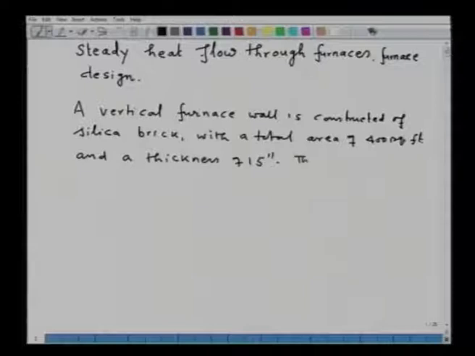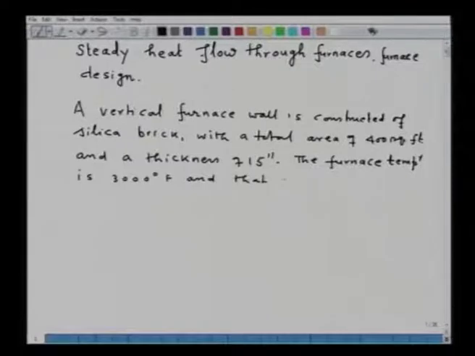The furnace temperature is 3000 degree Fahrenheit, and that of surrounding is 80 degree Fahrenheit.